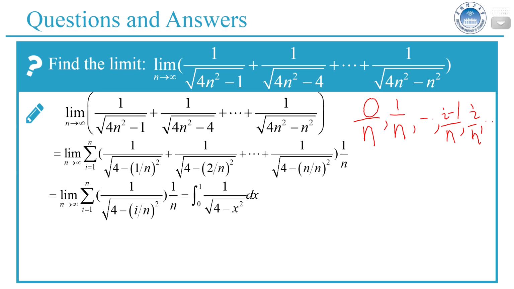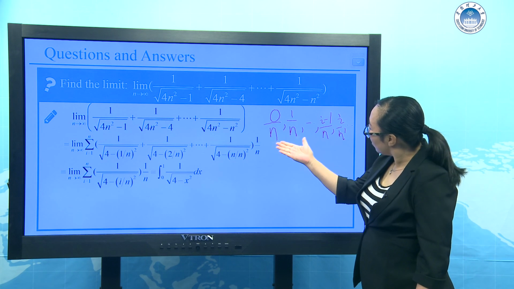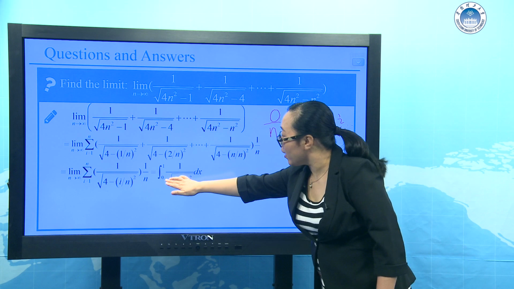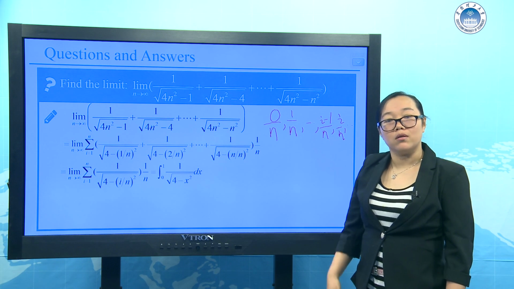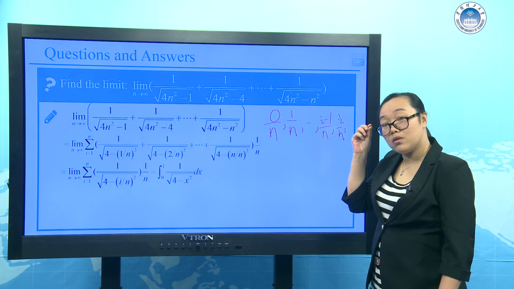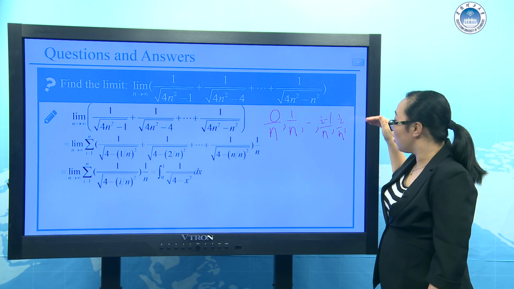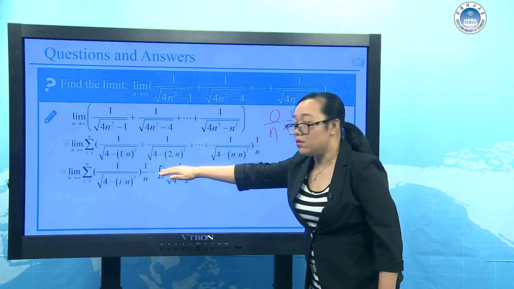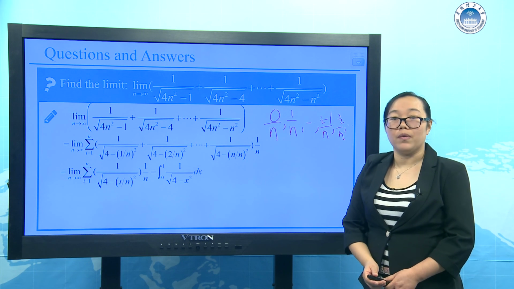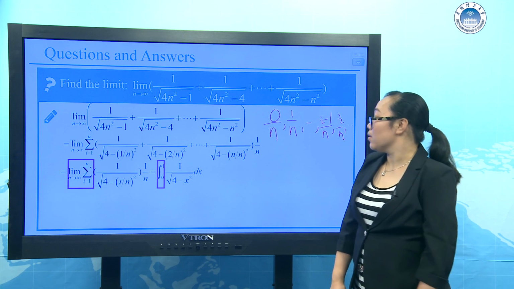Continue. We can find that 1 over n is our interval distance. So how to write it? Look at the lower limit. 0 over n is 0. So it is our a equals 0. How about the upper limit? You can think it yourself. Yes, n over n means 1. So it is our upper limit. So from 0 to 1, we can finish this.